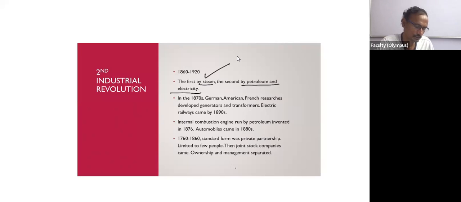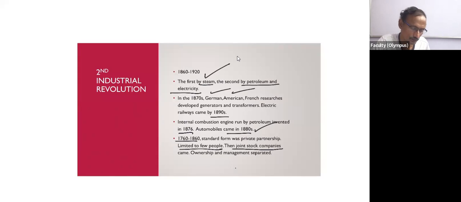In the 1870s, German, American, and French researchers developed generators and transformers. Electric railways came by the 1890s, and an internal combustion engine run by petroleum was invented in 1876. Automobile came in the 1880s. And then, between 1760 and the 1860s, the standard form was private partnership, limited to few people.